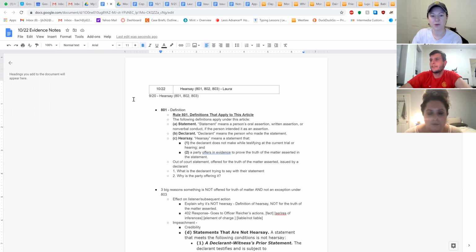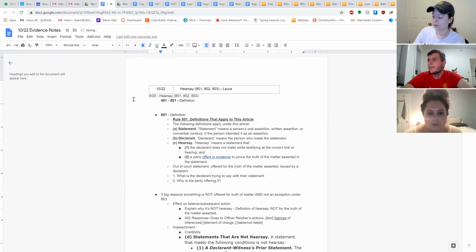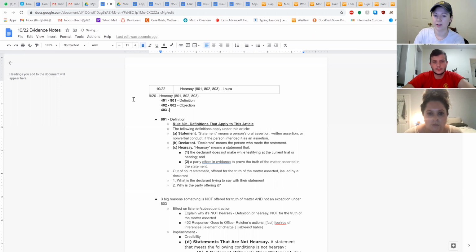And just to give you a macro idea of the rules of evidence, relevance and hearsay mirror each other. 401 is the definition of relevant evidence. 801 is the definition of hearsay. 402 is the objection that irrelevant evidence is inadmissible. 802 is the objection that hearsay is inadmissible. 403 are the exceptions that sometimes relevant evidence is kept out. 803 are the exceptions that sometimes hearsay is allowed in.